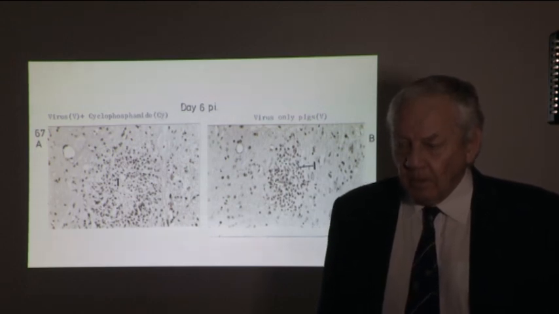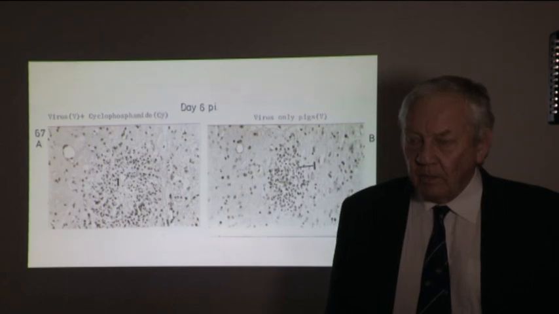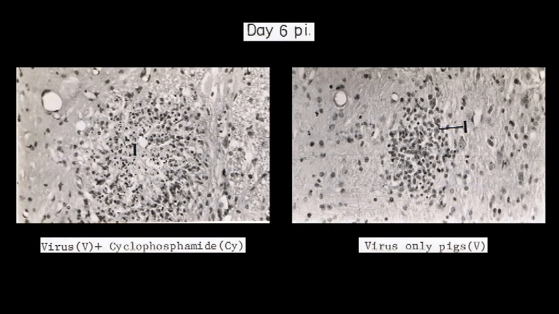So I decided to have a group treated with cyclophosphamide and virus, and a group with virus only, both inoculated intracerebrally, to attempt to achieve two goals: one, examine the immunology, and two, conduct a sequential study, more closely examining the neuropathogenesis as it developed.